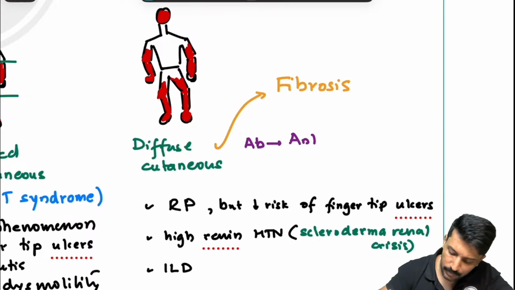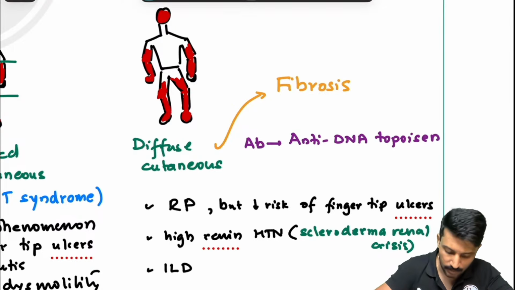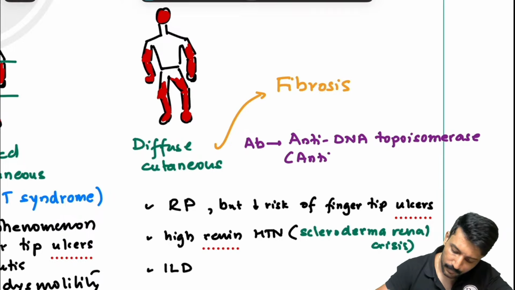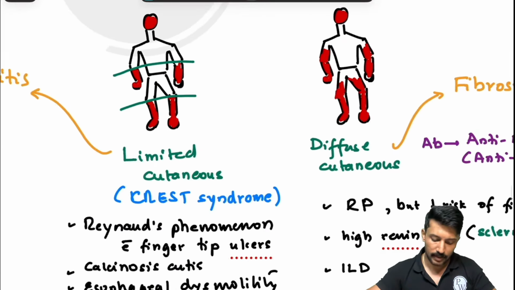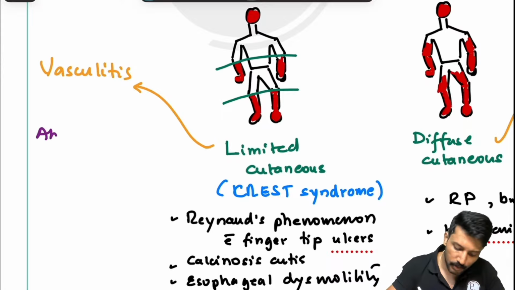It is anti-DNA topoisomerase antibody, which is also called anti-Scl-70 antibody. And the antibody that I'm getting in limited cutaneous is usually anti-centromere antibody.